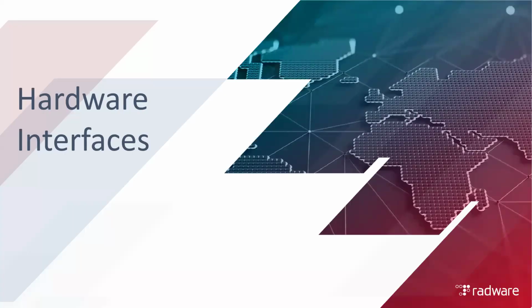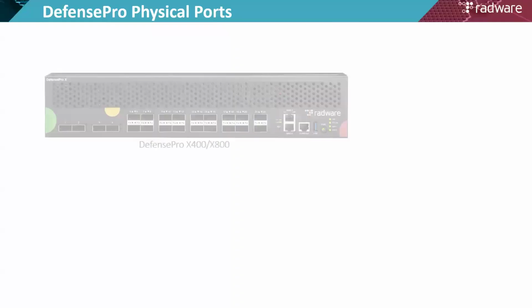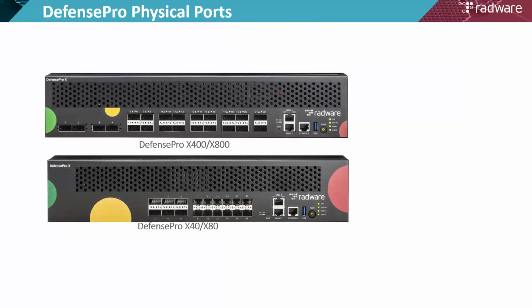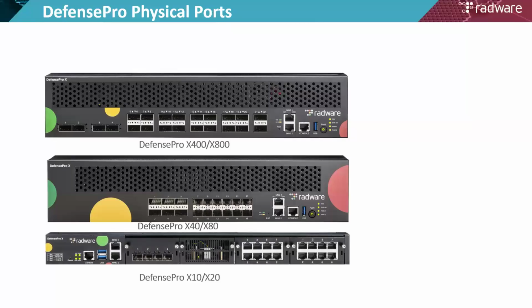So let's start with hardware interfaces. Defense Pro physical ports look something like this. All the ports which you see on the left are your data ports. All these ports which are highlighted here can be called your data ports, or you can also say inspection ports.